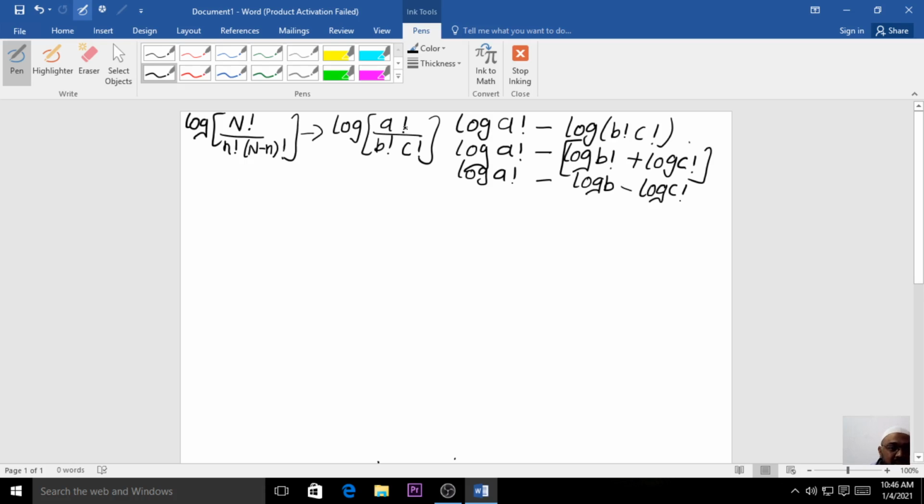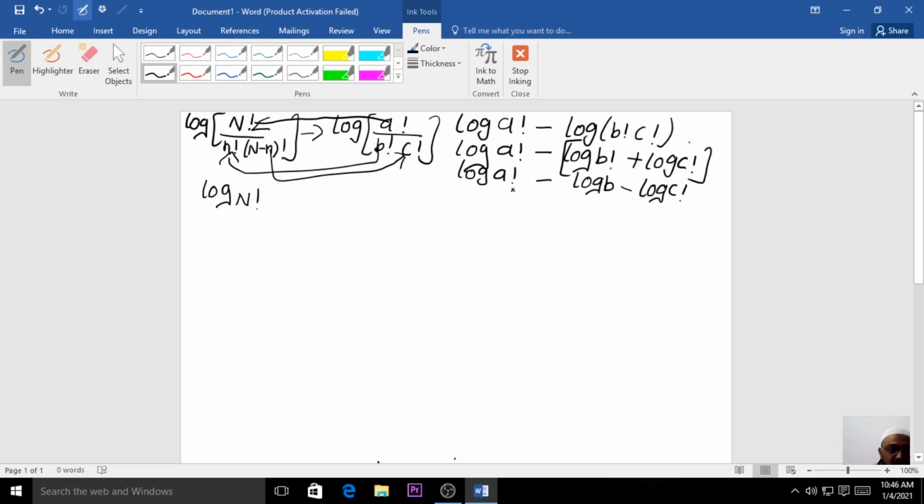Now what is a here? This is very important. A means capital N, B is what? Small n. And C is what? This one. Clear? So now if I compare this, what will be my step? I'm talking about the last one.